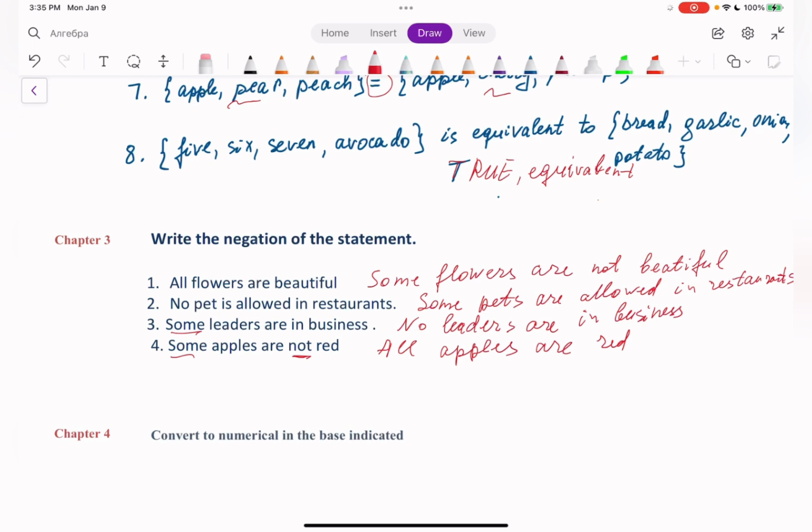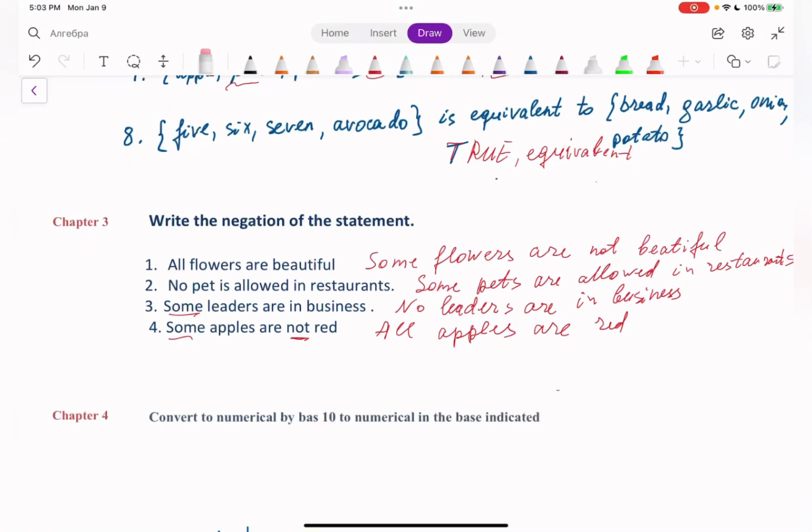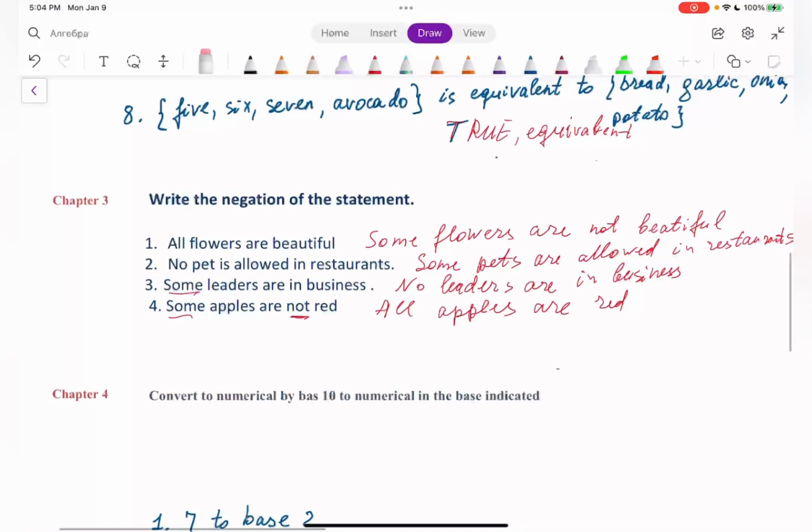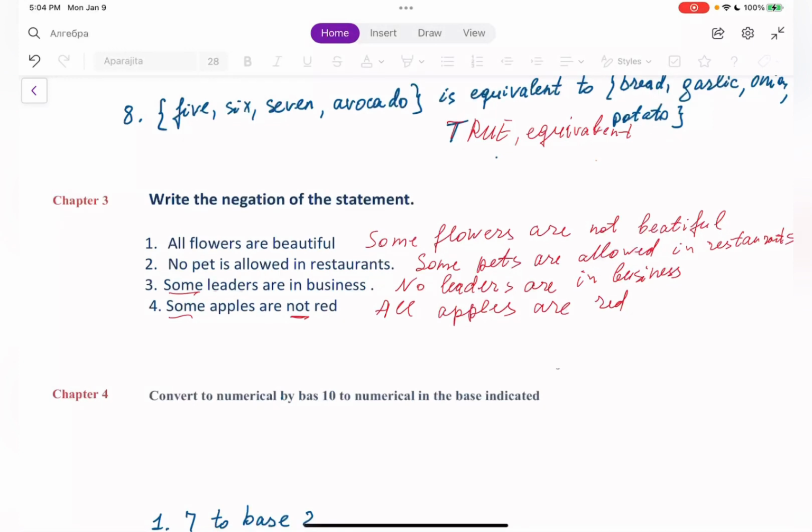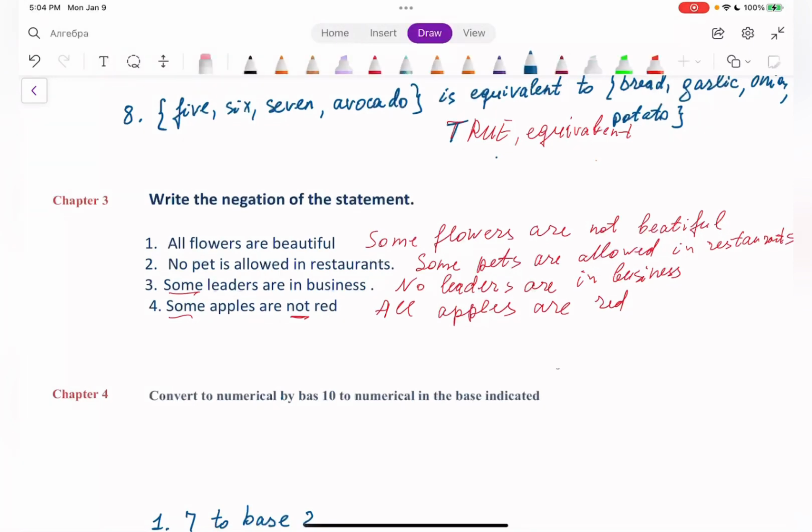So moving to chapter number 4. What we are going to do is convert to numerical by base. I'm sorry, let me add here base, letter E. It's going to be by base 10, or just ignore it.